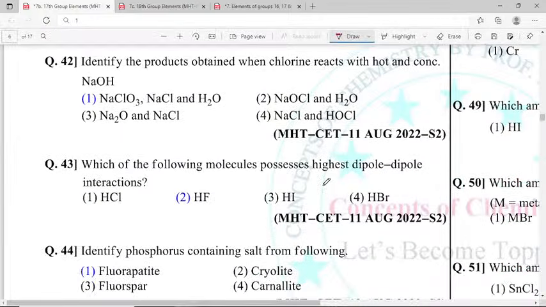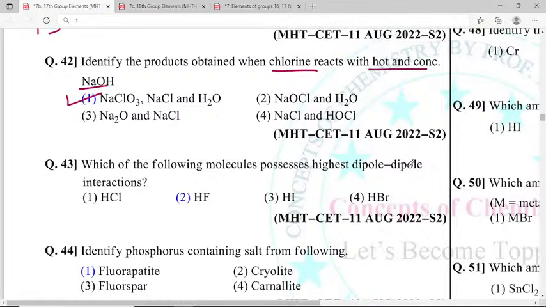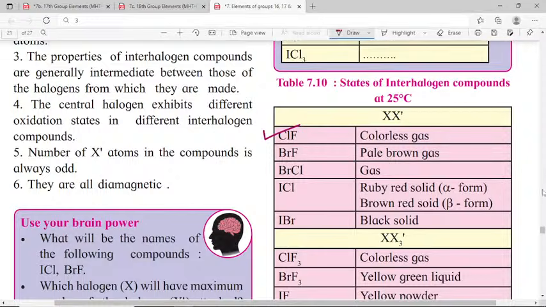Identify the product obtained when chlorine reacts with hot concentrated NaOH. If chlorine reacts with hot and concentrated NaOH, we get NaClO3, NaCl and water.